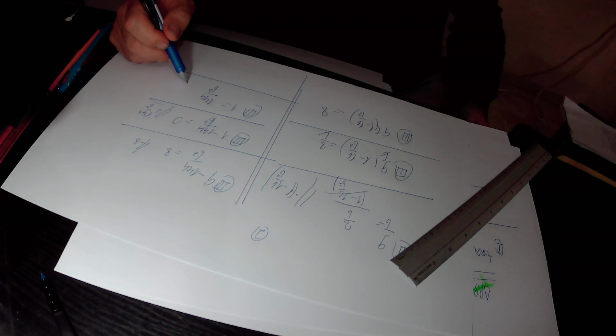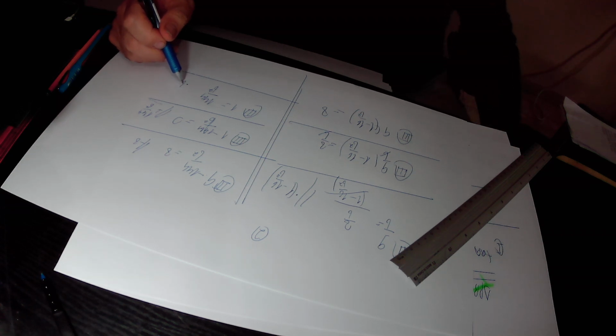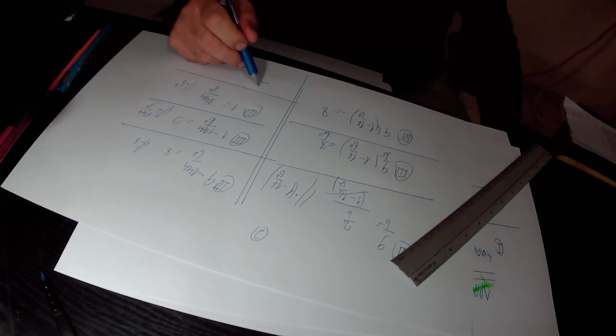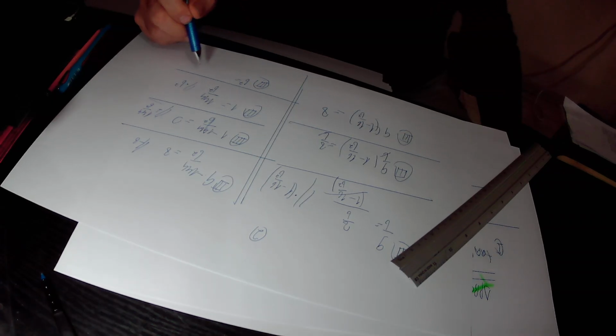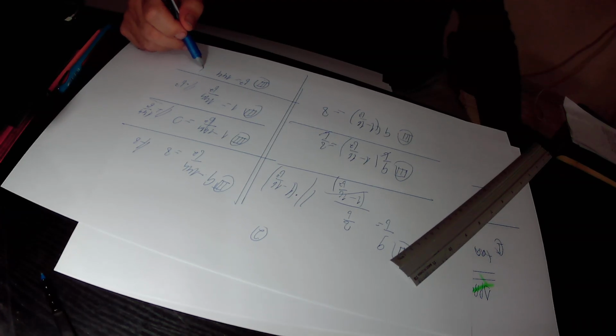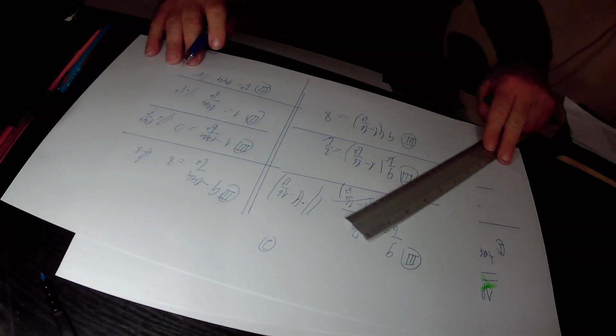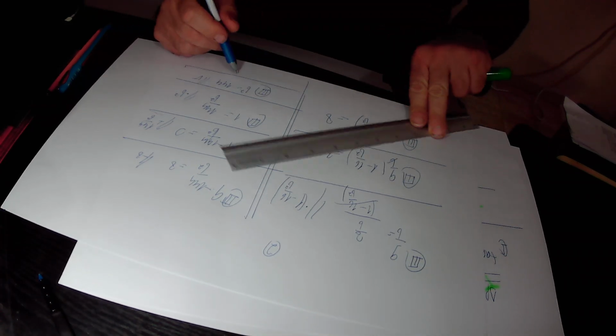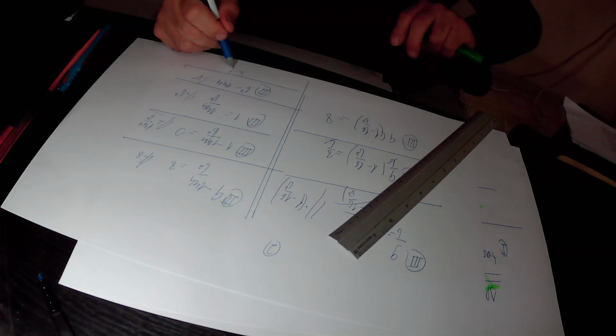Here we multiply this equation by b squared. We have 1 times b squared is b squared, and on the other side b squared gets cancelled, leaving only 144. So in total, b squared equals 144. Taking the square root, b equals the square root of 144, that is 12. So b equals 12 units.